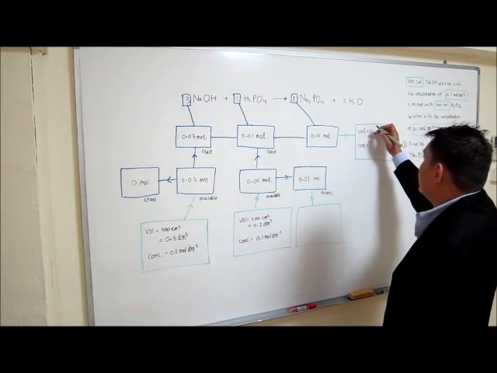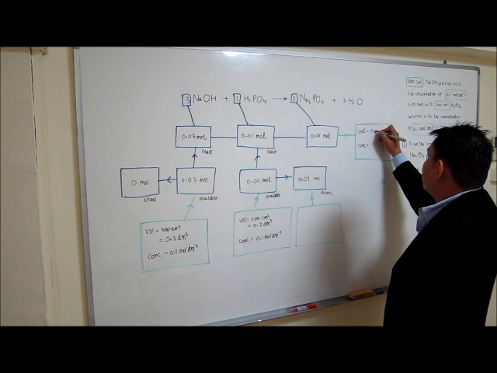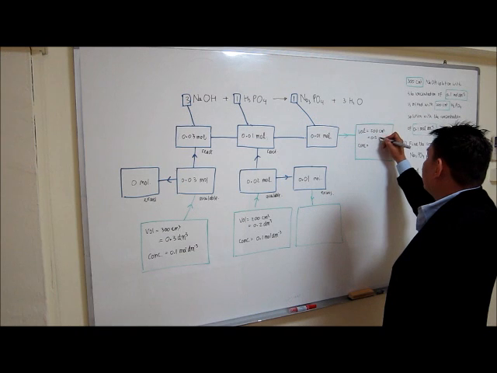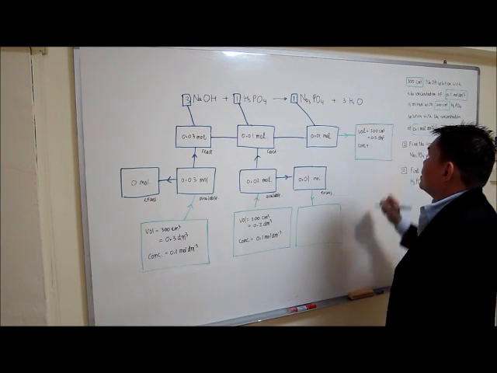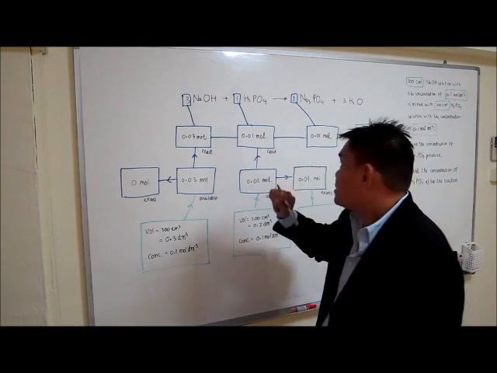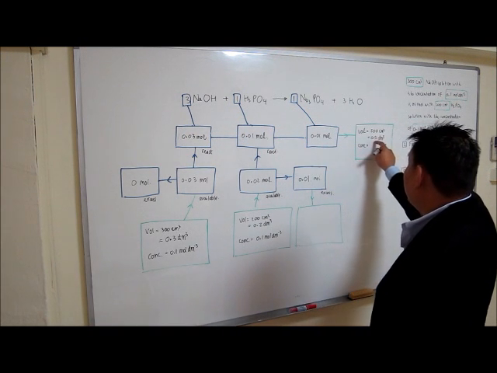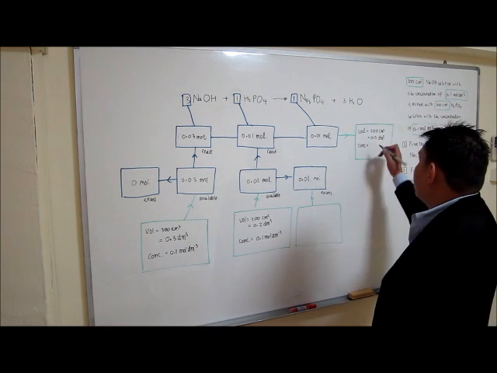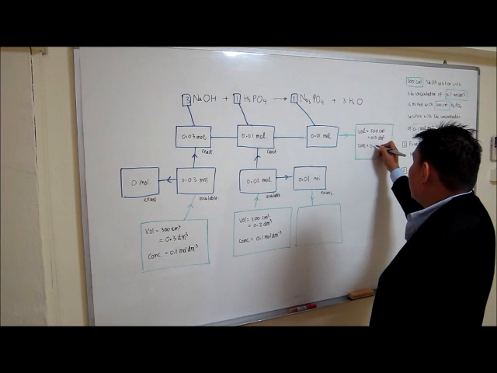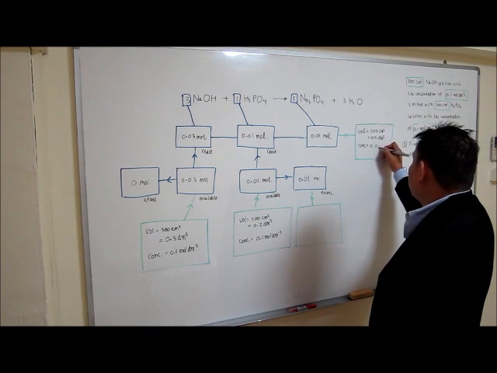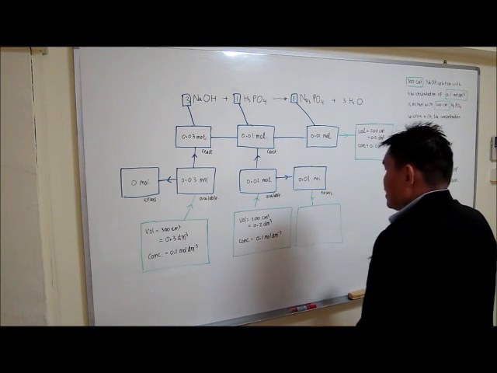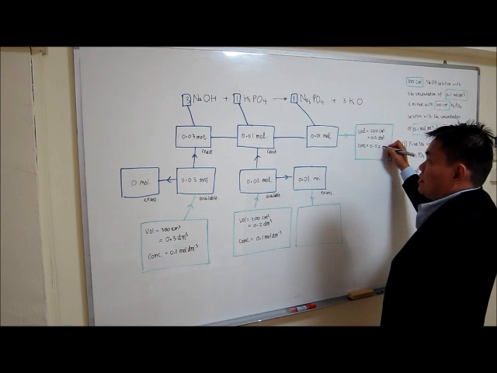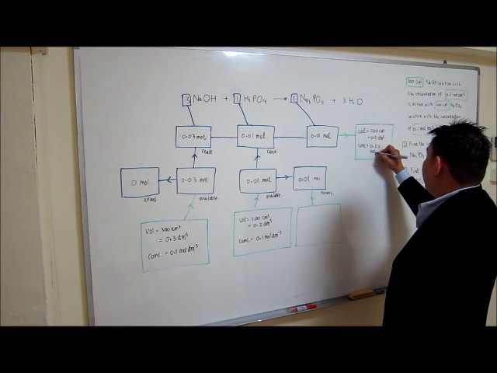So very easy. The volume will be 500 cm3, which is 0.5 dm3. So the concentration is 0.01 divided by 0.5. Very simple. We get 0.02 mole per dm3.